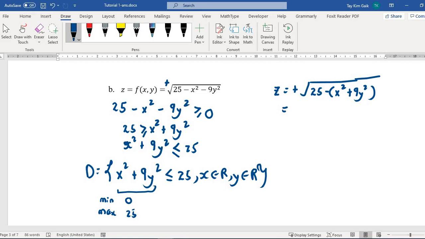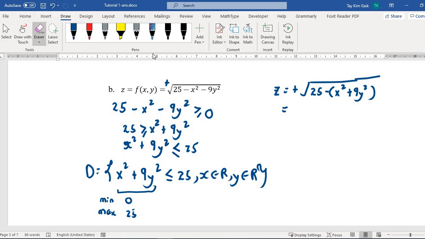Because if you plug in a negative value for x and y, because of the square you always get positive. You plug in x equal 0, y equal 0, and of course you get 0. That's why the minimum value is 0. Maximum less than or equal to 25, so maximum is 25.